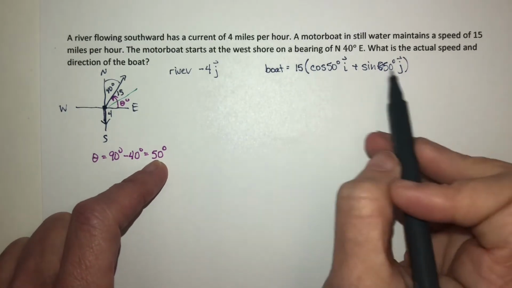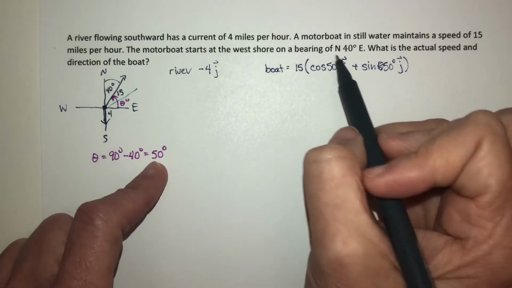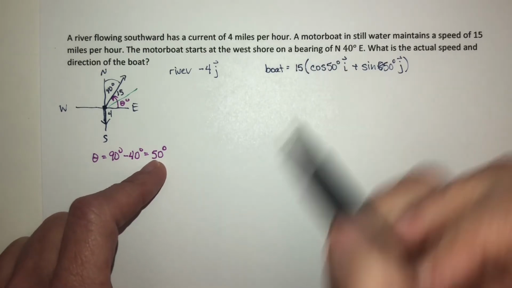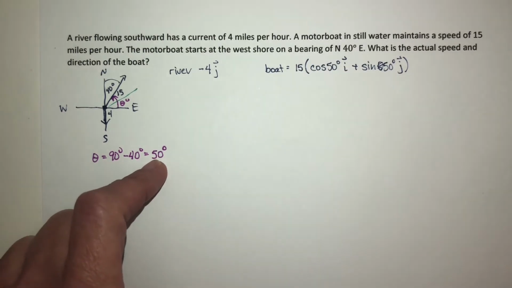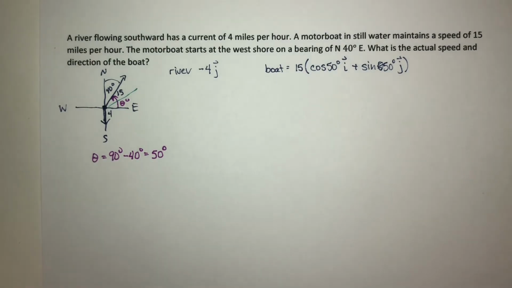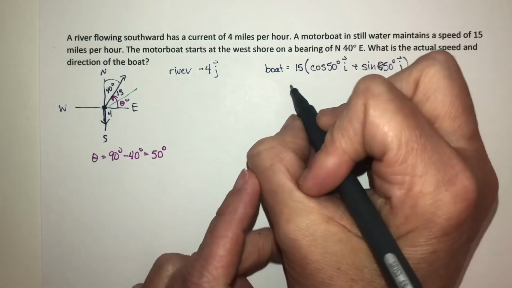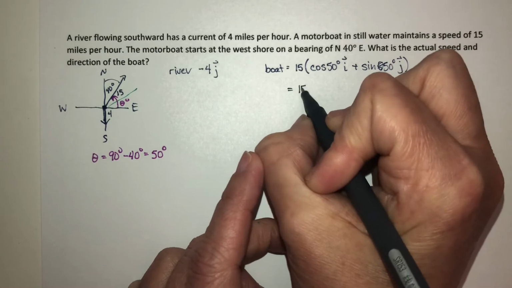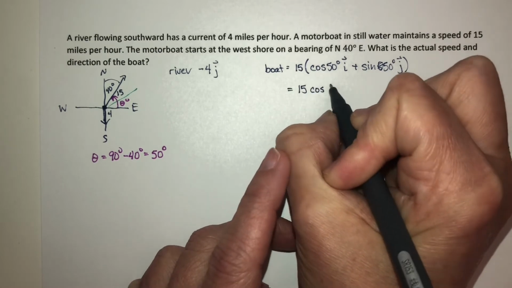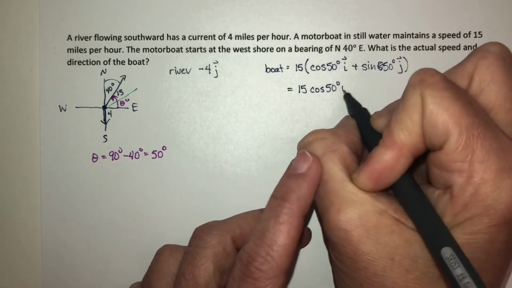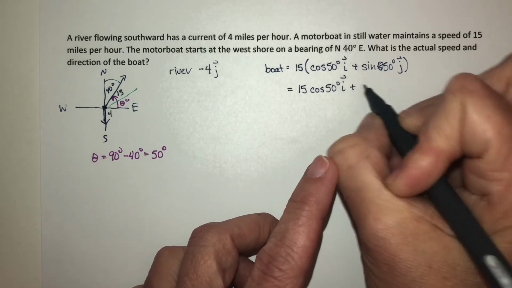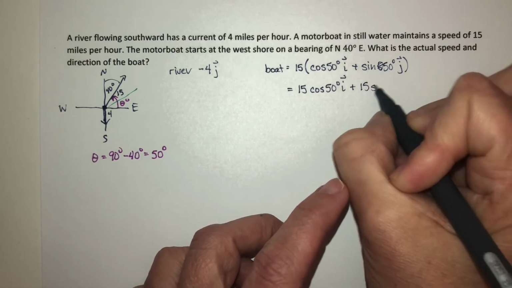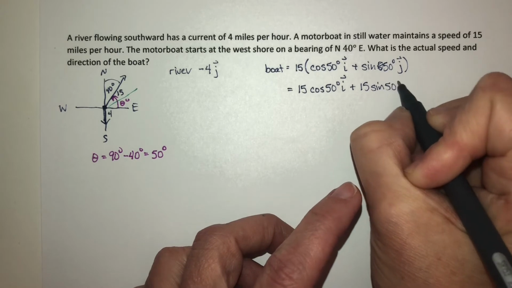So I'm just going to distribute this 15. These aren't exact, so we're going to have to use our calculators here. I'm going to write things down the way they are first, and we'll do all the calculator work at the very end. So this is 15 cosine of 50 degrees i plus 15 sine of 50 degrees j.